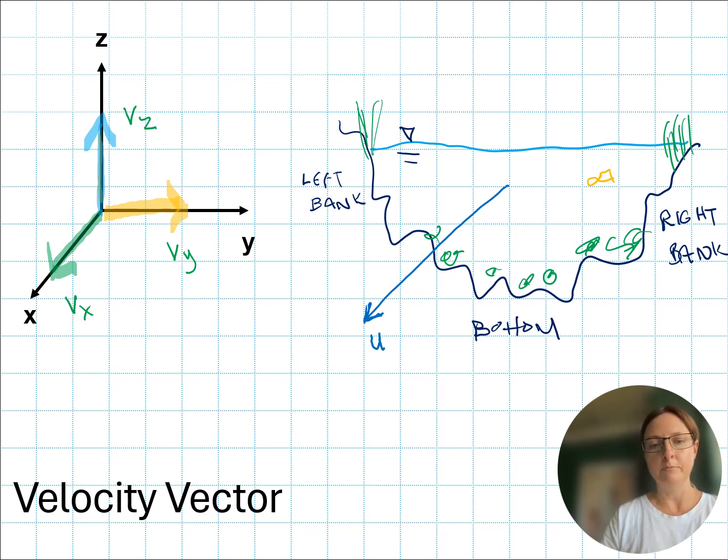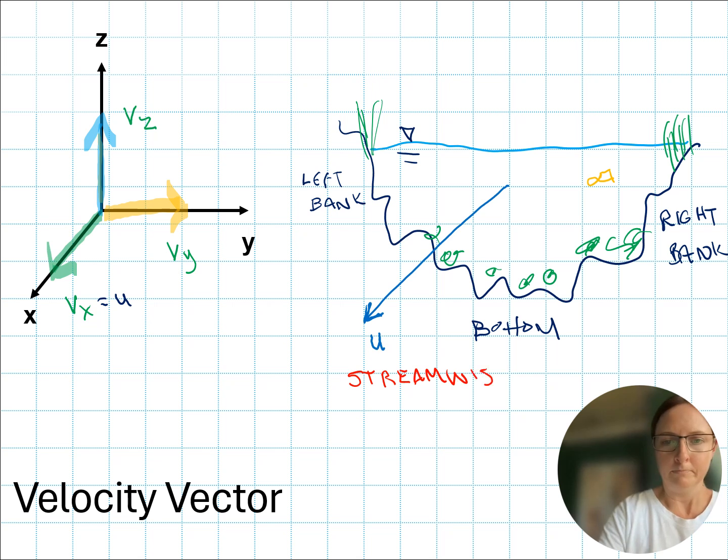It's the u component of velocity. So instead of having a v sub x, we just call this u. We also have a name for it, which is the streamwise component of our velocity vector.